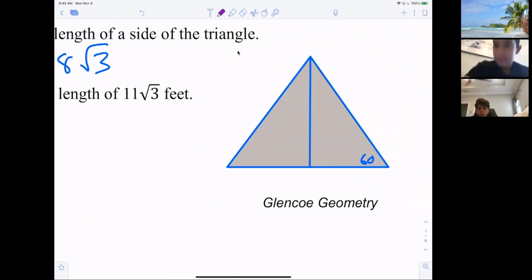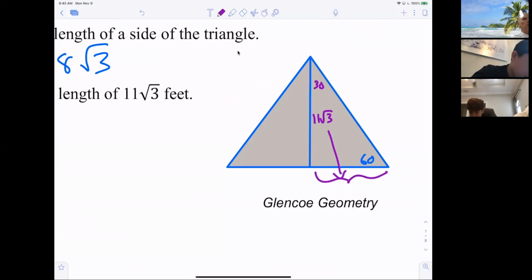Okay, so now this is 11 radical 3, right? So now I need to get to this side, which is the short side, right? So it's just divide by radical 3. 11 radical 3 divided by radical 3 is just 11.